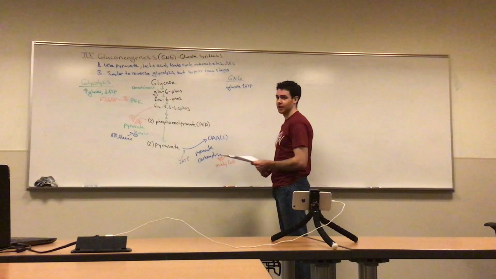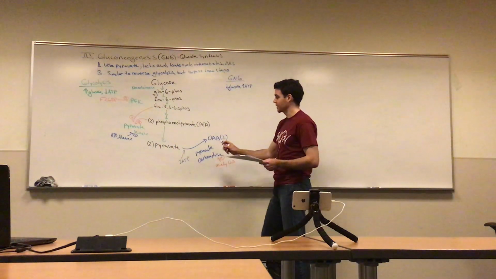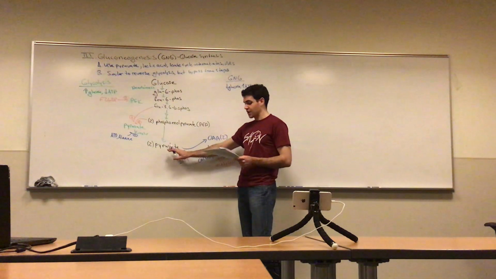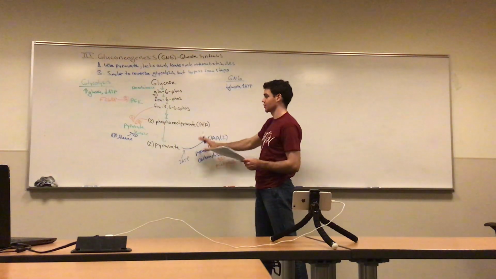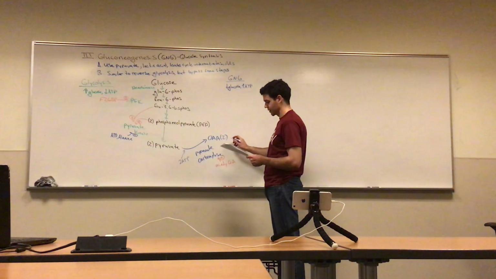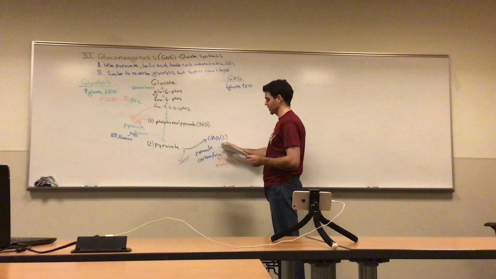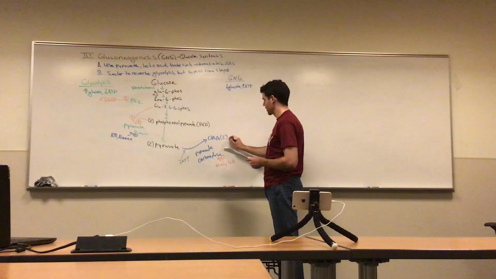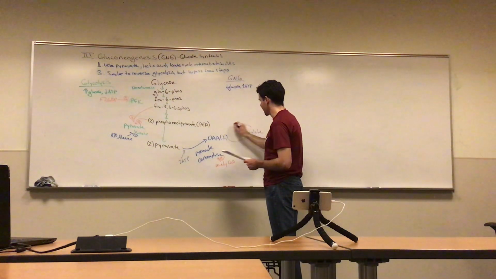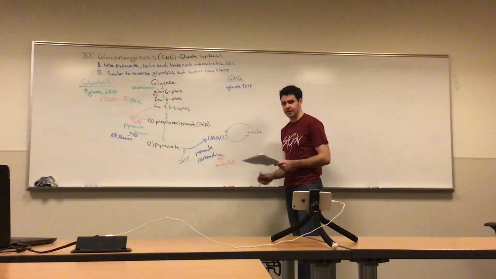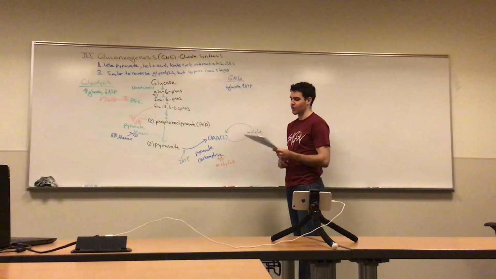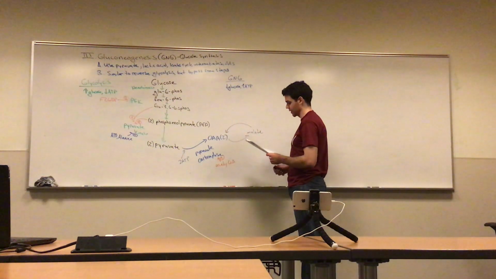I don't know if this will be studied, but remember this pyruvate we're starting with is in the mitochondrial matrix. So this actually happens in the mitochondrial matrix, so this oxaloacetate has to be shuttled out. There's this weird thing where it gets converted to malate to shuttle it out of the mitochondria and then back to oxaloacetate. I don't know if that's tested, but it could be.